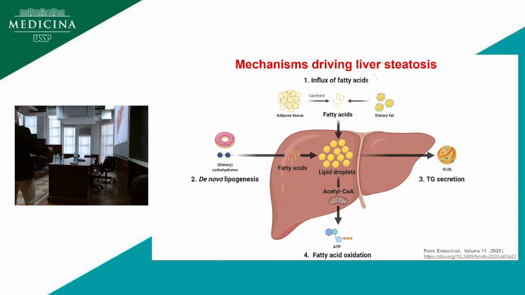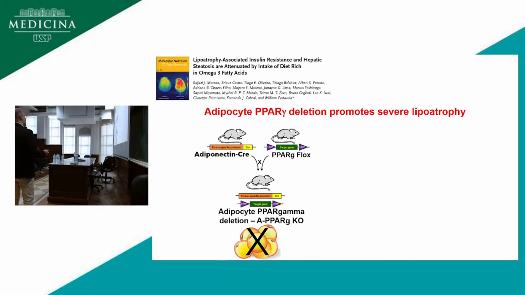When these two processes exceed the rates of fatty acid oxidation in the liver and fatty acid secretion as triglycerides associated to VLDL, this leads to lipid accumulation in the liver. So in our lab, we were trying to understand how these processes are regulated and how they communicate with each other. To start this, we started a very interesting project.